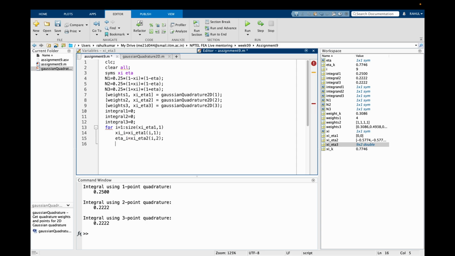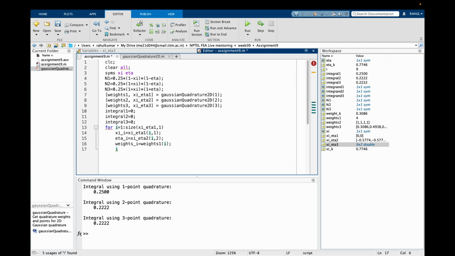So these are all done, and weights i will be the ith weight of weights 1, we have to take it.